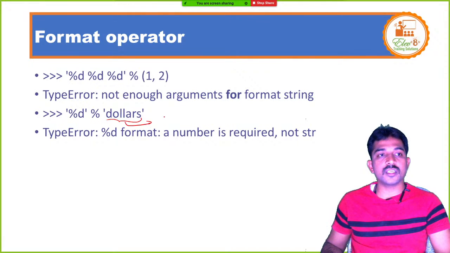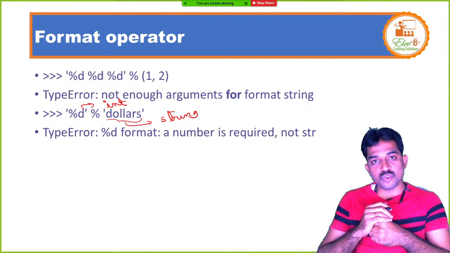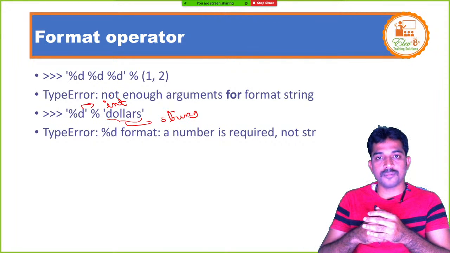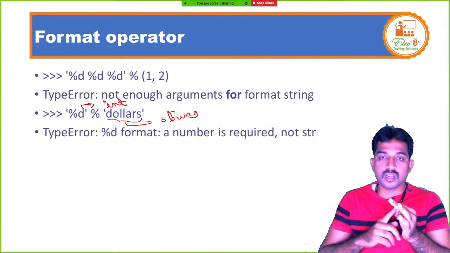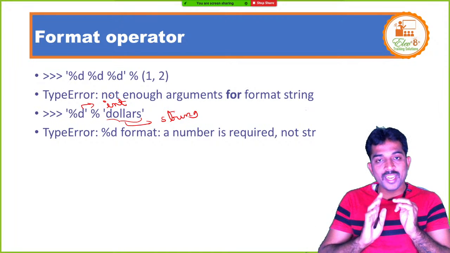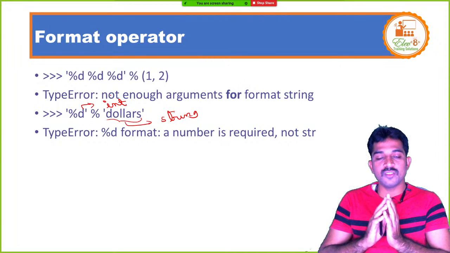But the format specifier you used is for an integer. This is an integer and this is a string. Both are mismatched, so it will generate an error. So order, count and type should be the same. If you have any mistake in the order or anything else, you will get an error. Be clear with these format specifiers.